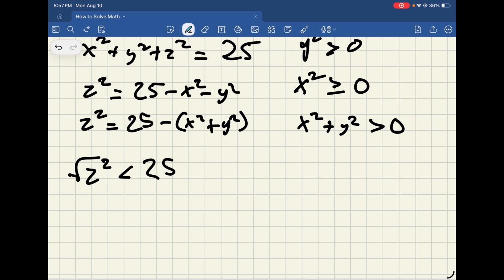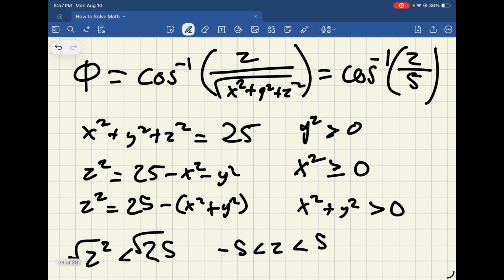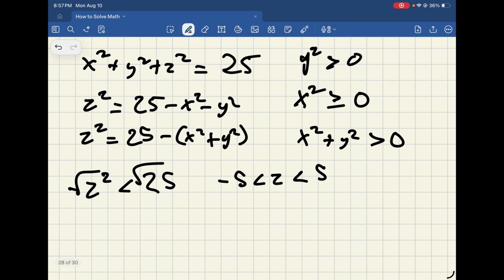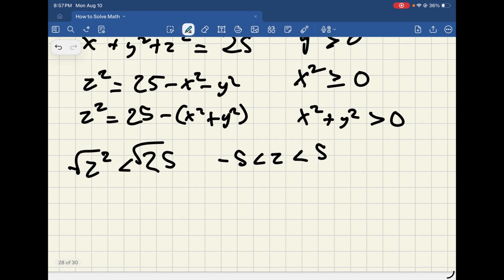And when we square root this, we get the interval -5 is less than z, which is less than 5. And this is where we use our formula for phi, where here it's z over 5. So we're going to match that to our interval.